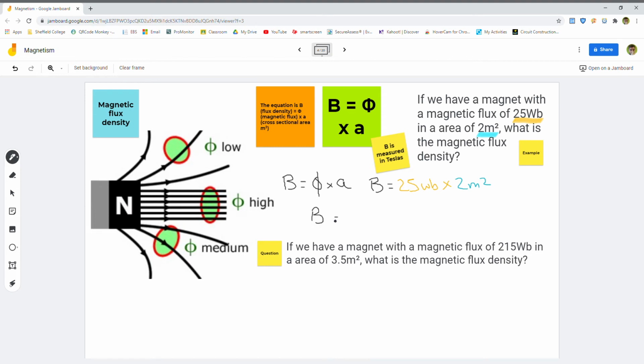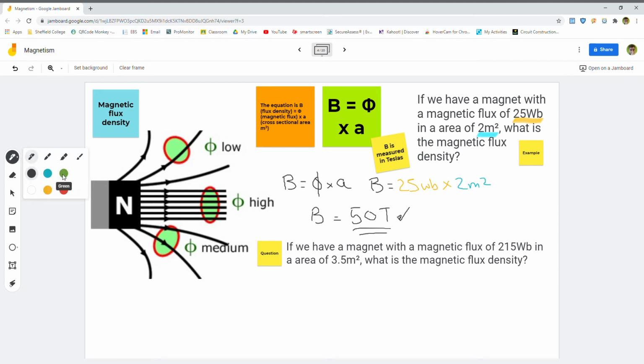B equals 50 Teslas. And remember, it's a capital T for Teslas. Magnetic flux density, which is represented by B, is measured in Teslas. We'll go through one more example, or if you prefer, you can stop the video here and work this out on your own and then check your answers after that.